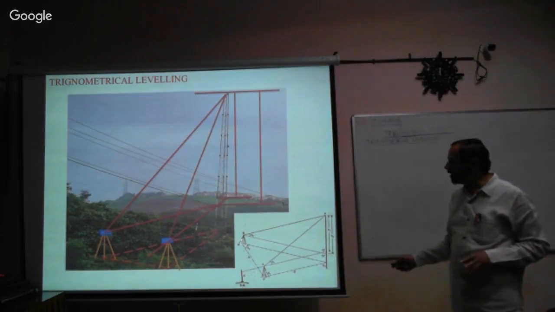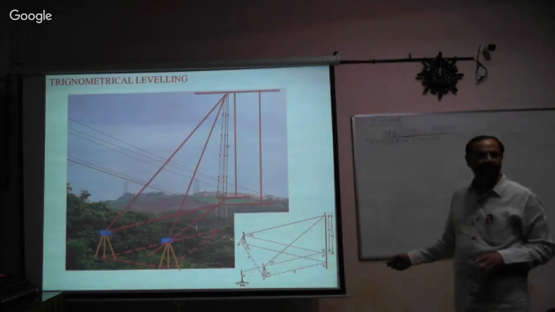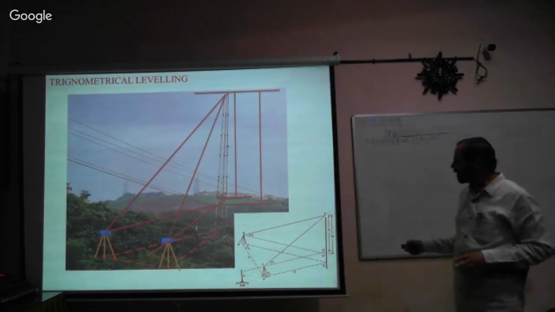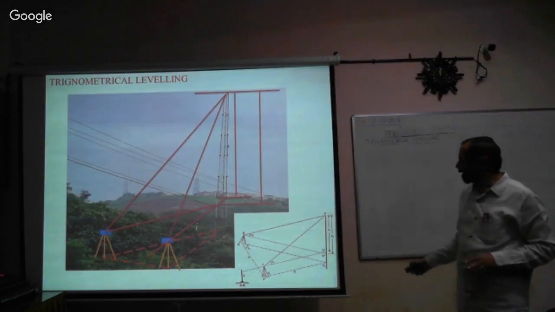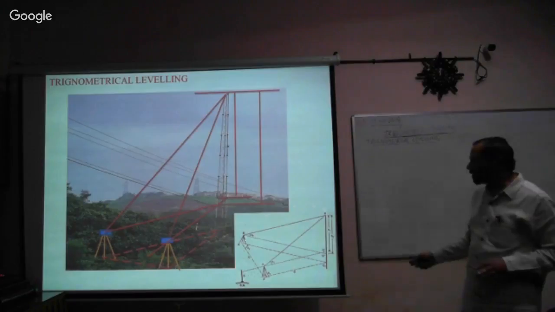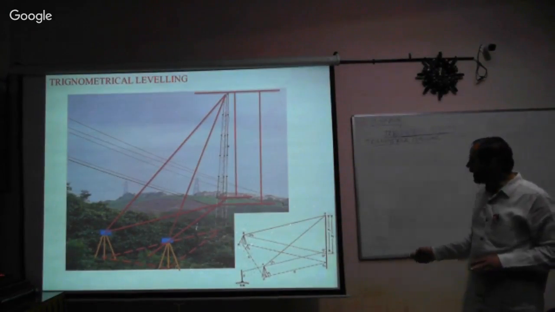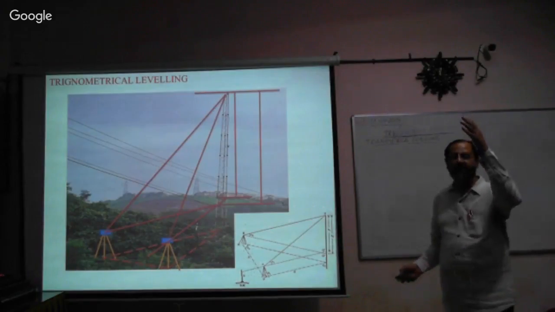Similarly, from the second station, benchmark plus staff reading. So we can take the staff reading from another station also. Therefore, to calculate the elevation of this object Q, benchmark plus S1 plus H1. Similarly, from the second station, benchmark plus S2 plus H2. That gives us the elevation of the object.